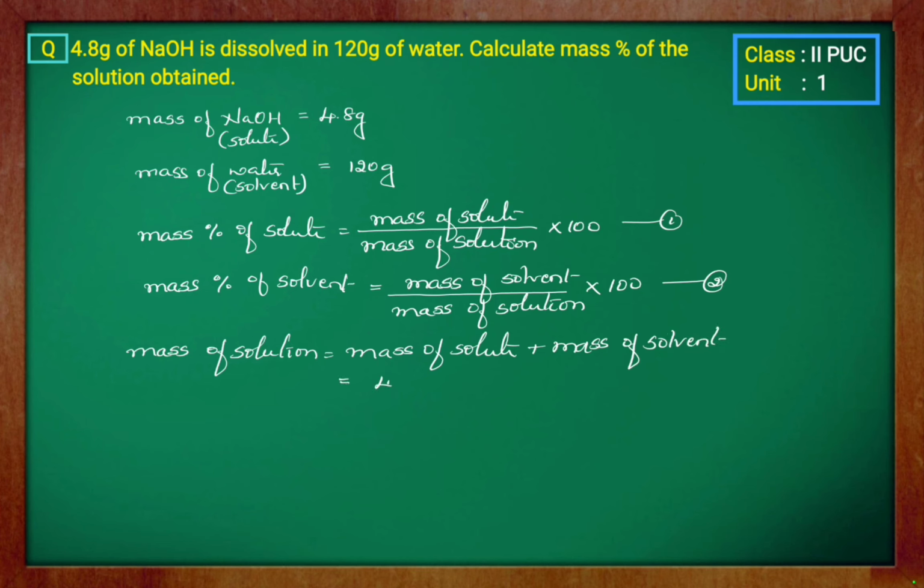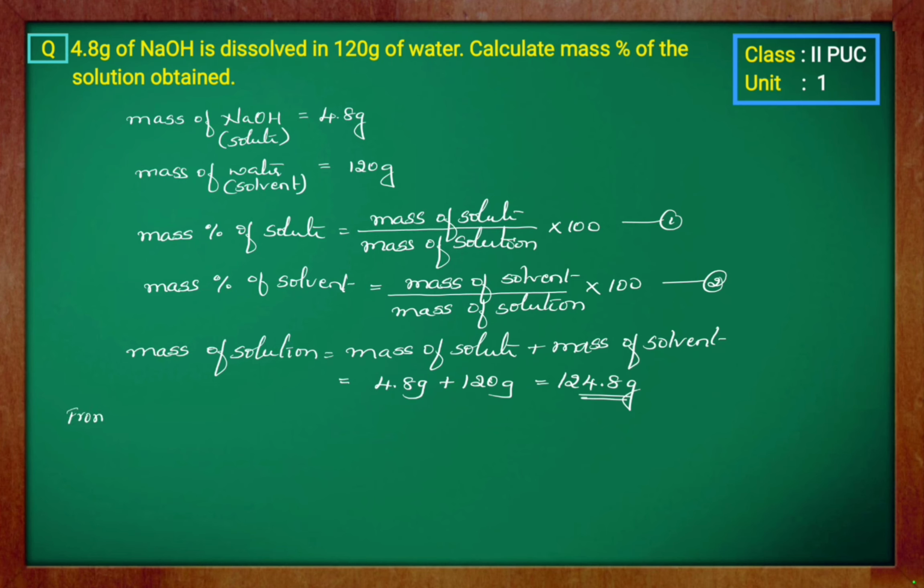Mass of solute is 4.8 grams. Mass of solvent is 120 grams. So therefore, mass of solution is 124.8 grams. So now let us substitute these values into equation 1 and 2.